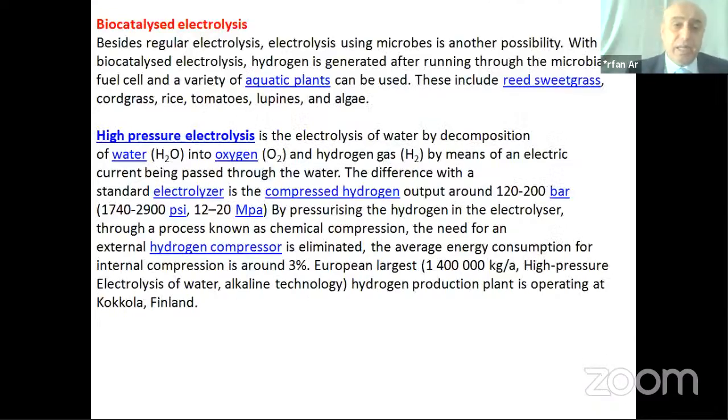There are some other procedures. For example, the microbial fuel cell and a variety of aquatic plants are used in these electrolysis systems, for example, reed, sweetgrass, corngrass, rice, tomatoes, and lupines, and the microalgae especially.